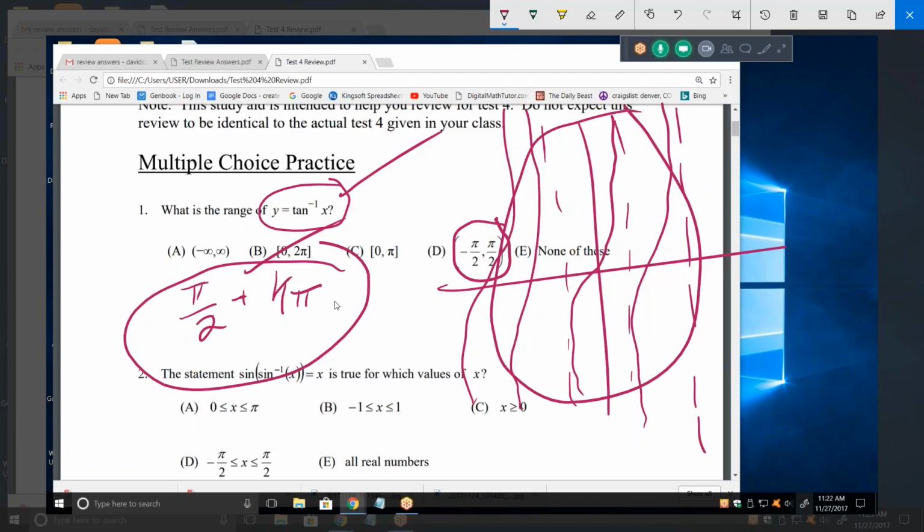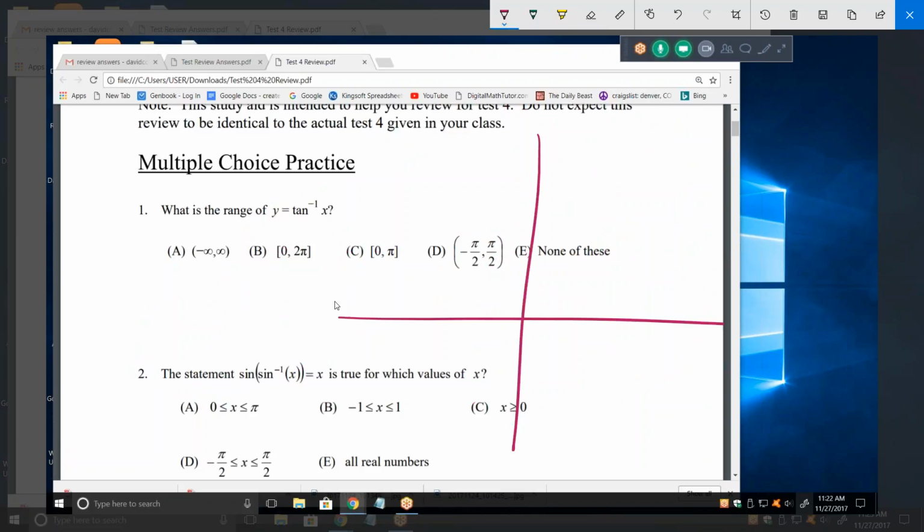And this is the more difficult way to look at it. If you're looking at it where the only thing we're looking at is from minus pi over 2 to pi over 2, then that's what you get. But tangent is just like all the other trig functions. It repeats. That's not it. Maybe that would be called the primary domain. I'm not even sure of that. I've never even heard that expression, but okay.